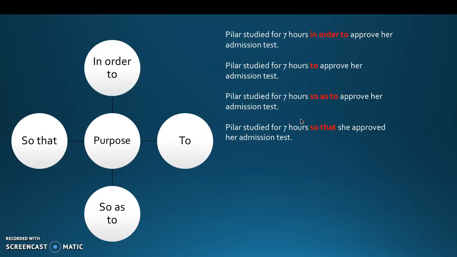Why? As I told you in class, when you use so that, you have to put the reference after so that, who we are talking about. We cannot say just so that approved her admission. No, because we are talking about Pilar. So we have to refer to Pilar after so that once again. So that is how the use of so that can be correct.